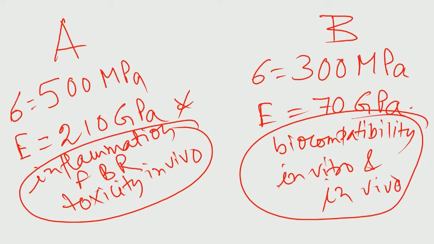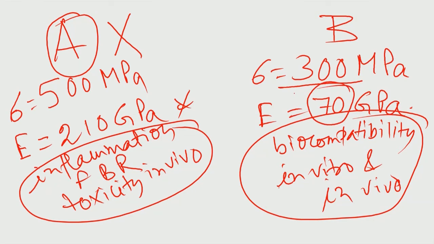If you are purely a metallurgist or material scientist, then definitely you will choose material A, not B, but that option is wrong as far as biocompatibility or biomaterials is concerned. It does not matter whether the strength is a little inferior or the elastic modulus is less. What is more important is whether this material has good biocompatibility both at the cell level and tissue level. So, with this very simple and hypothetical example, I hope I have been able to convince you that biocompatibility should be given more priority.